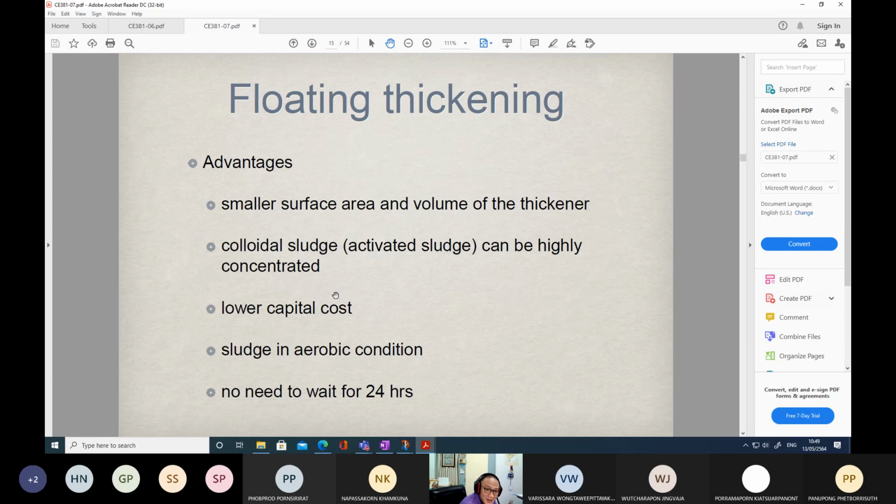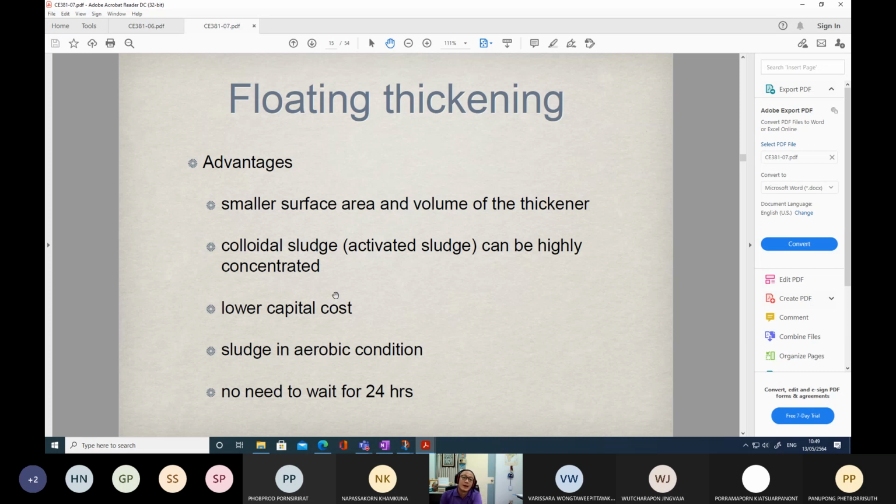The advantages of using flotation thickening are that the surface area required is smaller. The volume is also smaller, and we don't have to wait for 24 hours. In gravity thickeners, the detention time is 24 hours.